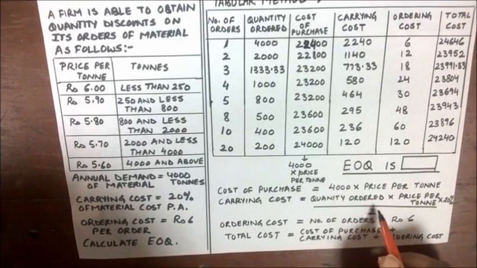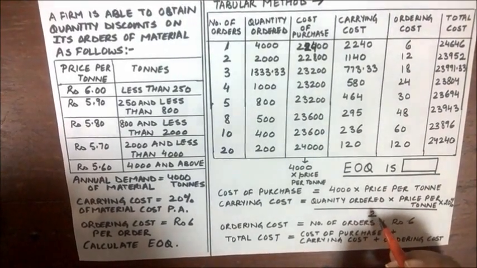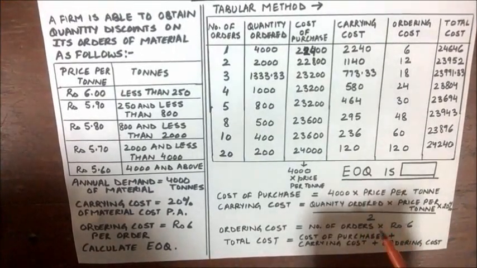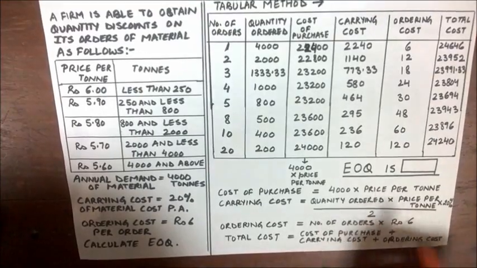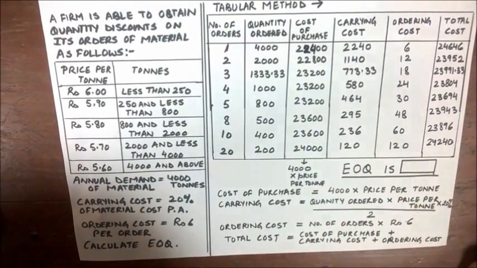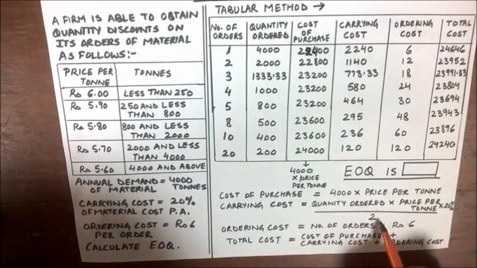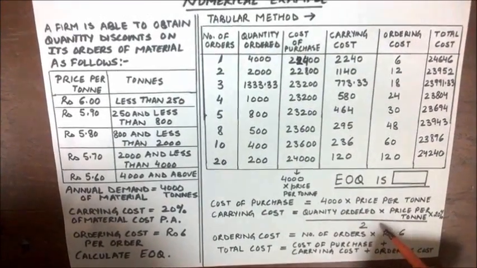The reason we divide by 2 is that whenever we order some quantity, all of it would not be in the inventory. Some of it would be used. So a general assumption is that 50% would be in the inventory and 50% would be used by the firm. So we divide by 2 so that the carrying cost of only half of the quantity is calculated.